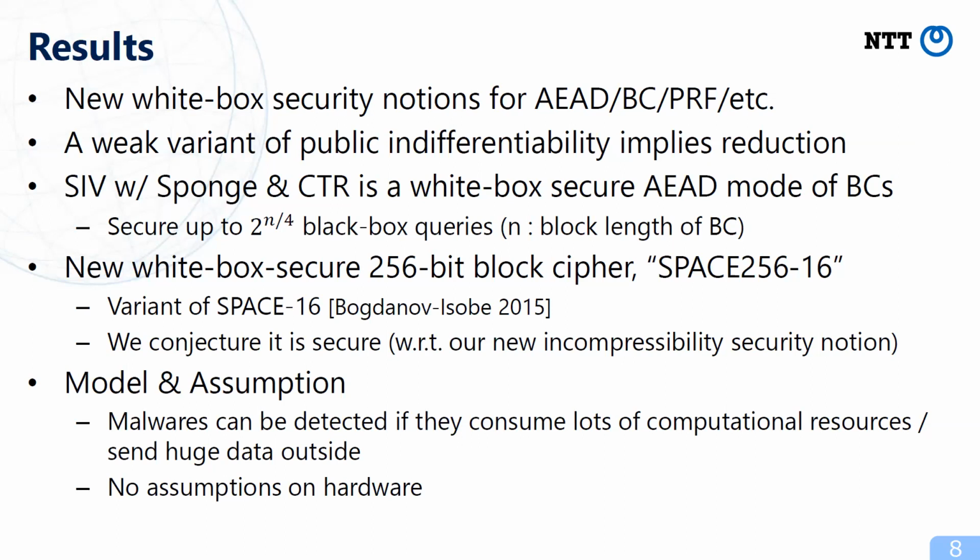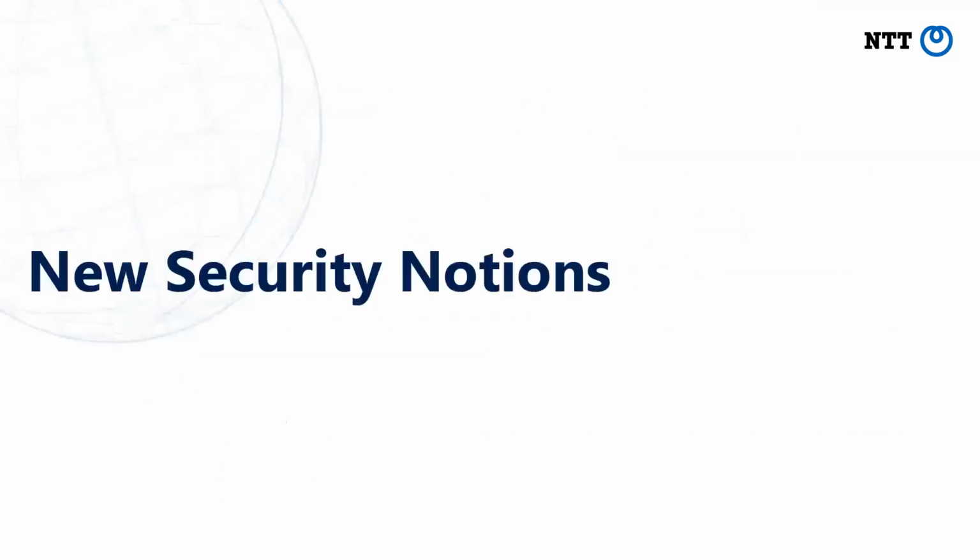And in our paper, we assume that malwares can be detected if they consume lots of computational resources or send huge data outside, but we assume nothing about hardware. So this is the summary of our results. And in what follows, I would like to explain details about these results.